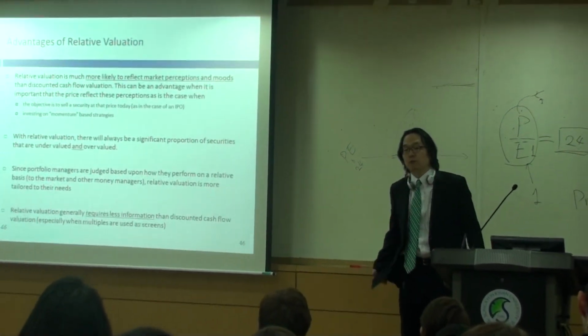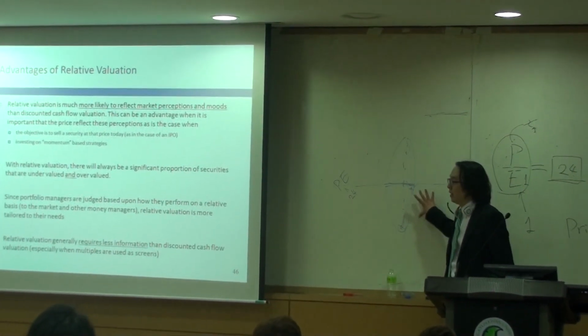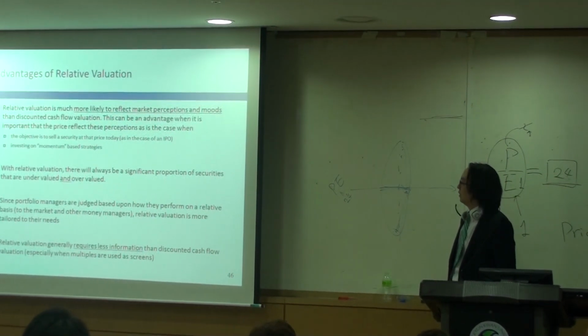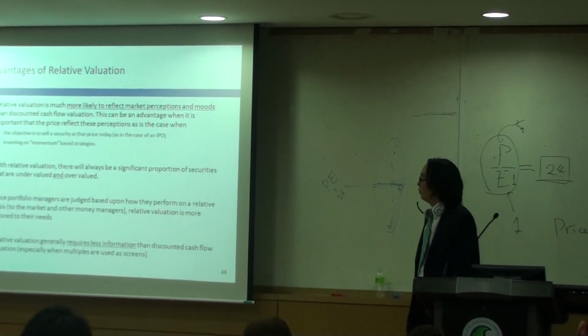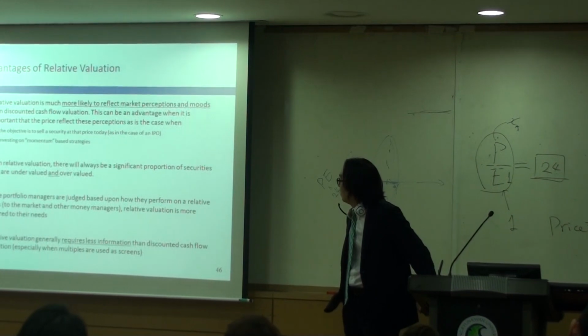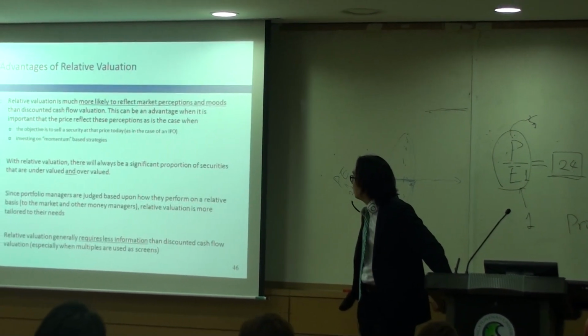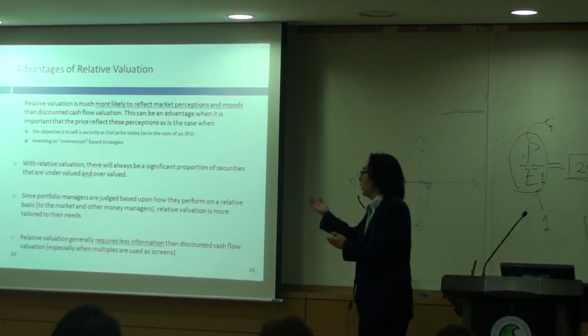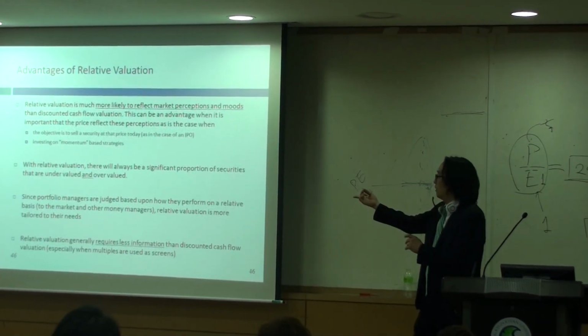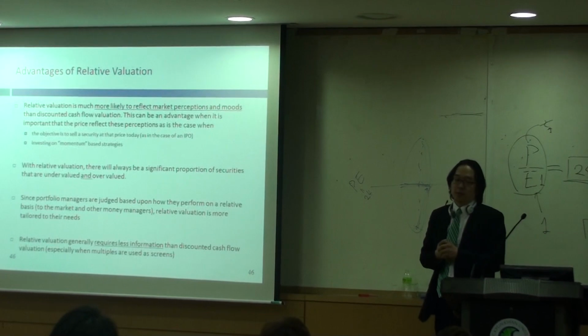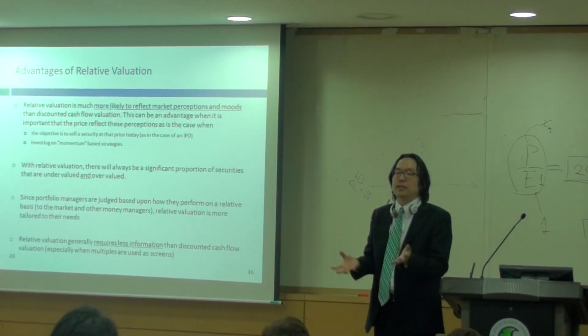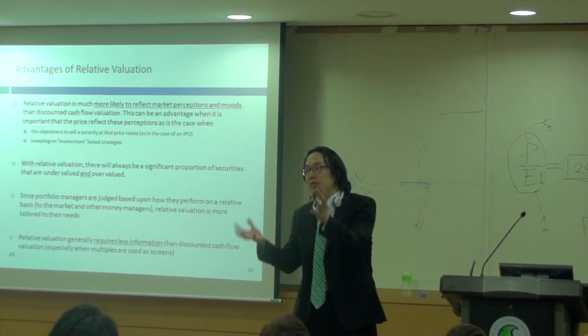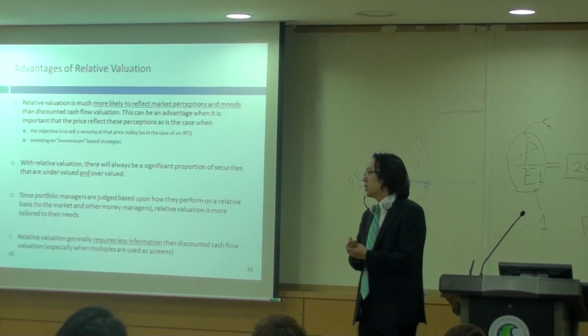It gives you an idea of which one is relatively underpriced. You hold those stocks, and portfolio managers are judged based on relative performance benchmarks. For this part, relative valuation will be helpful if you are holding certain industry securities compared to the benchmark.